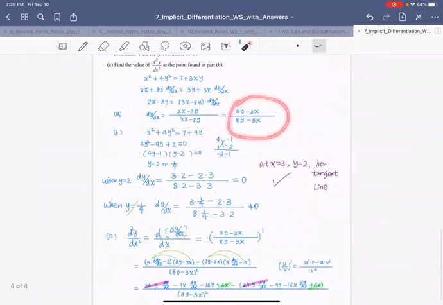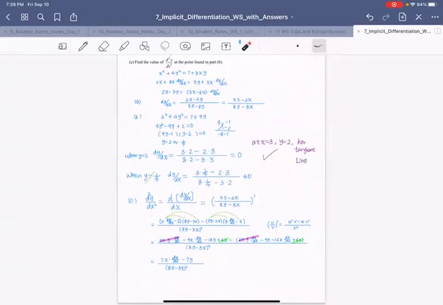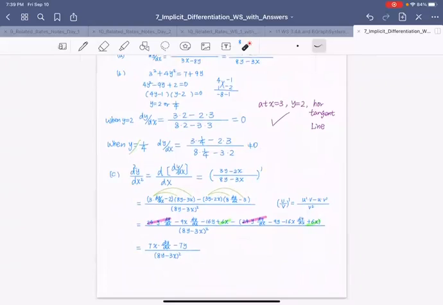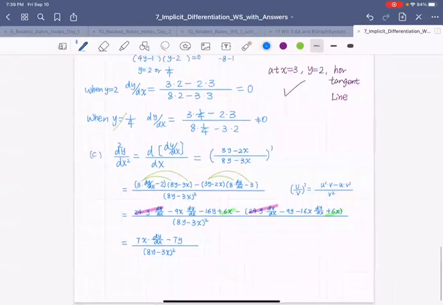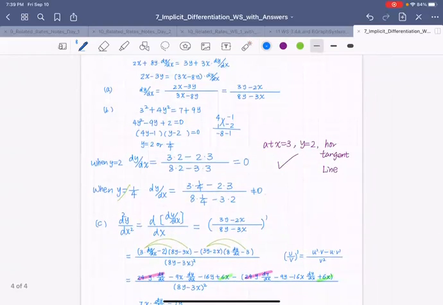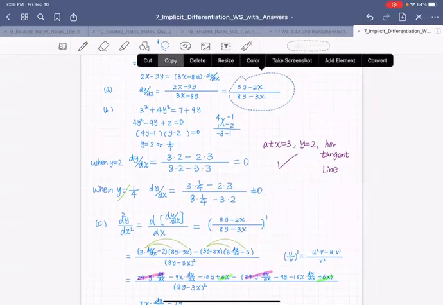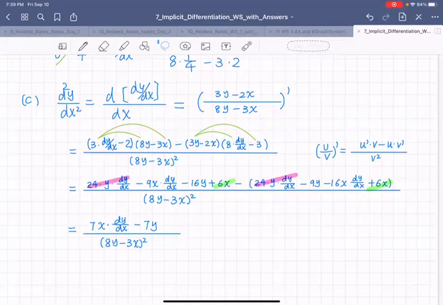3y minus 2x over. Yeah, the last step. So we can plug in dy over dx. Dy over dx is this guy. So we can copy and we will replace, okay. So I'm going to do this.